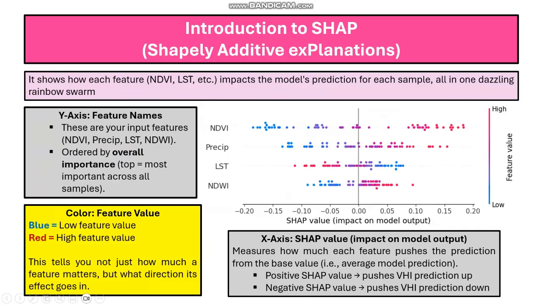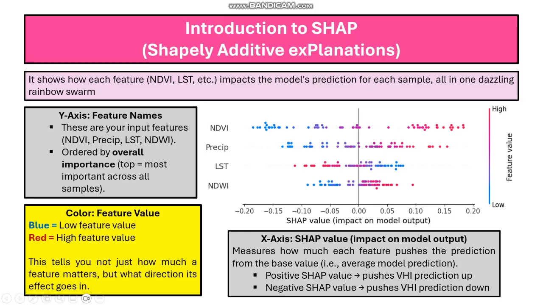Positive SHAP values mean that the prediction for VHI, the vegetation health index, is going up, and negative values mean the prediction is going down. They have a negative impact on your prediction model.